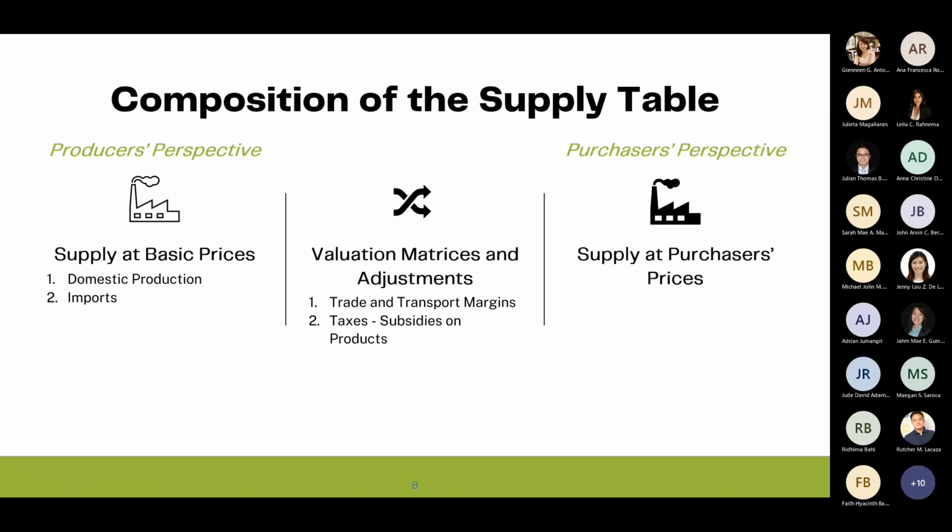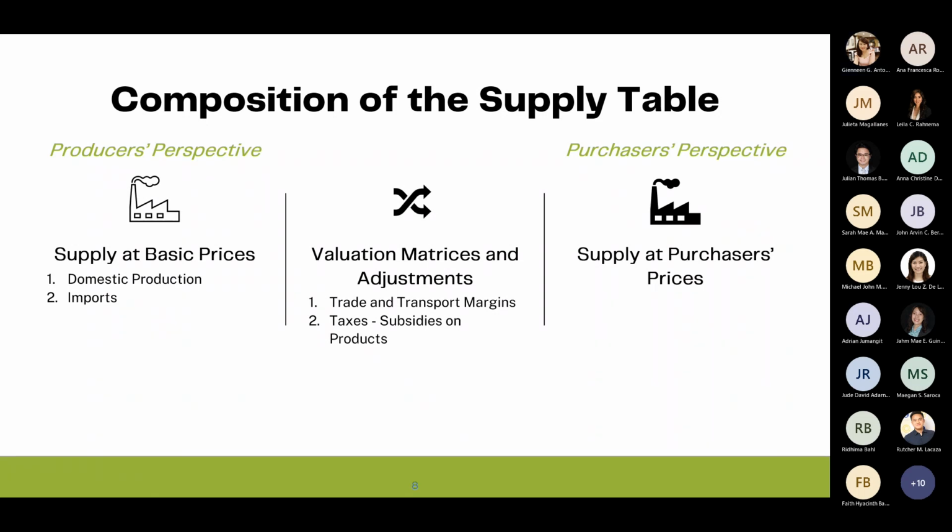So thus the supply table consists of the following parts. So at basic prices, we have the two parts we broke down earlier, domestic production and imports. And then we compile the margins, which are usually just trade and transport margins, our taxes on products, and we subtract subsidies on products. And adding all of this, we get supply at purchasers' prices, which we will be equating to use at purchasers' prices.